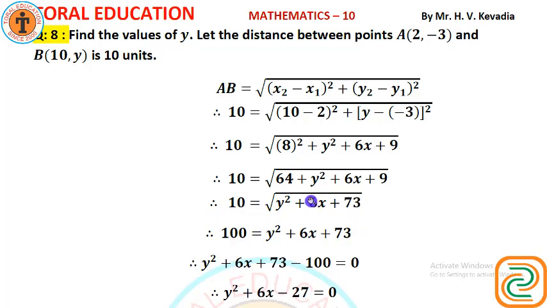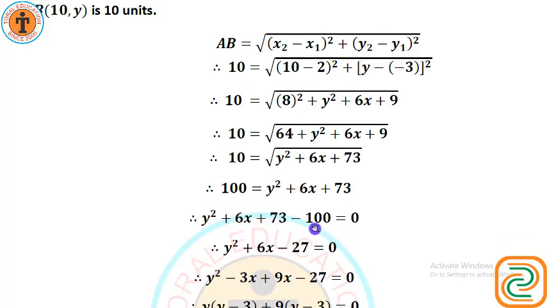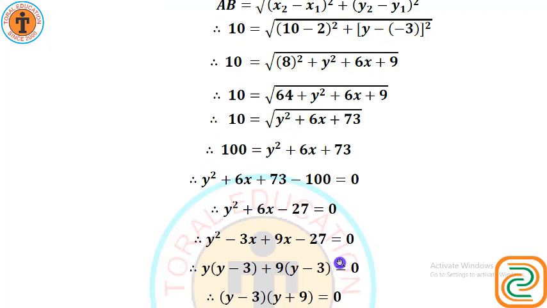Now squaring on both the sides, we get 100 in place of 10. 100 equals y square plus 6y plus 73. If we take 100 to the right side, it becomes negative. So y square plus 6y minus 27 equals 0. Here y square minus 3y plus 9y minus 27, because we split 6y as minus 3y plus 9y.